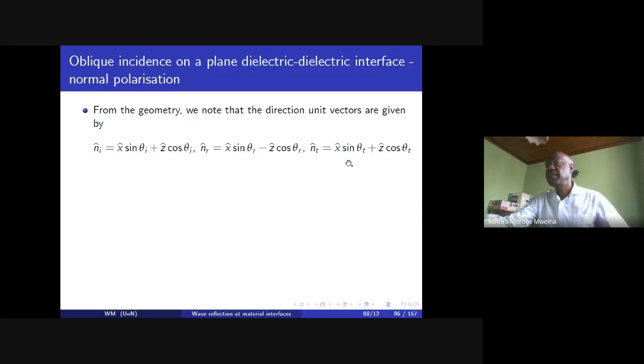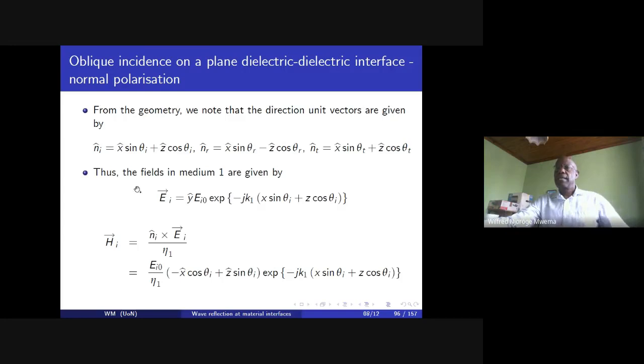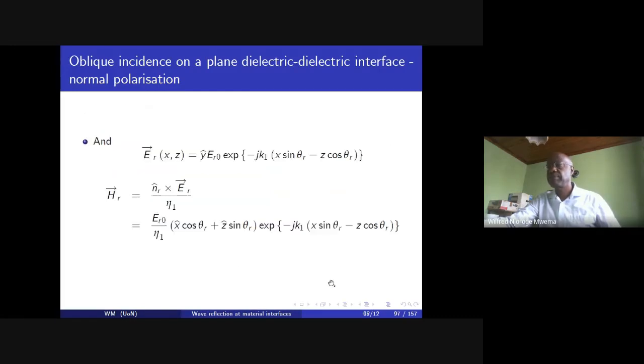And therefore, the fields in medium 1 will be, for the incident wave, the electric field given by that, and the magnetic field will be given by that value there, which comes out to that equation there. And the reflected wave with E_R given by that and H_R given by that.